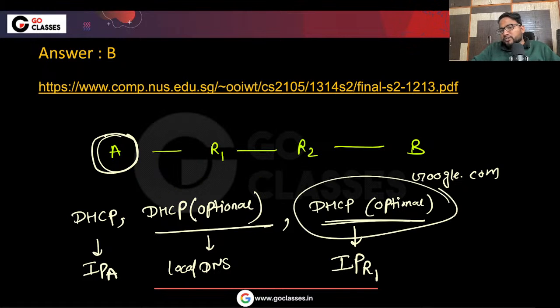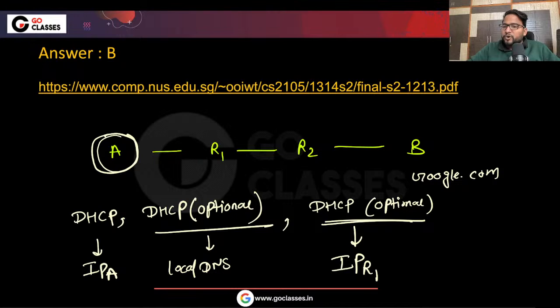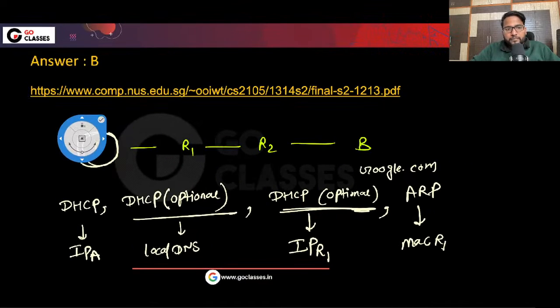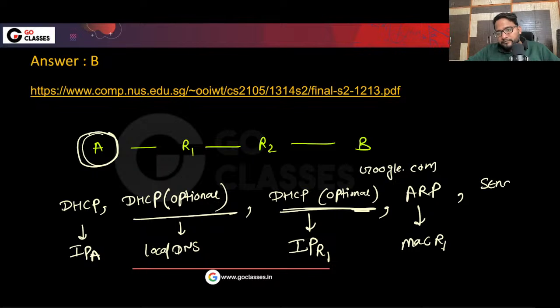Otherwise, you can again make a DHCP call to get the IP address of R1, and then you will use ARP to get the MAC address of R1, and then you will send to R1, right? So these are the calls that you need.